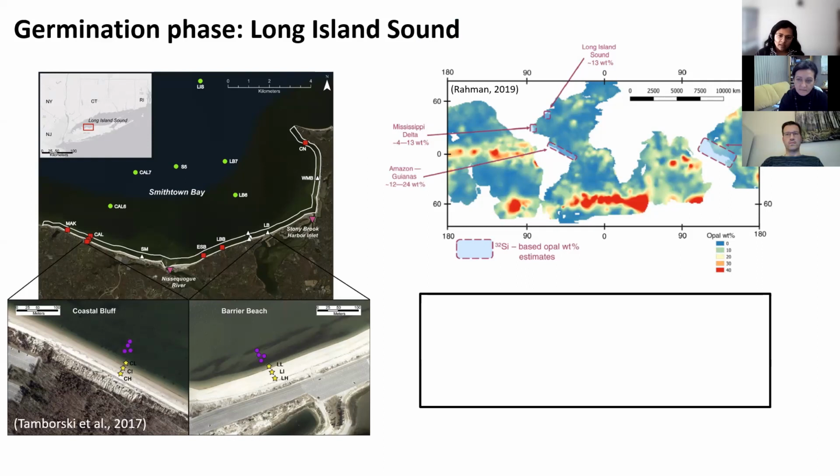And what I was noticing already is that something wasn't making sense when looking at just the regional mass balance of dissolved silica inputs and outputs in Long Island Sound. So the major input is the Connecticut River for the river supply.